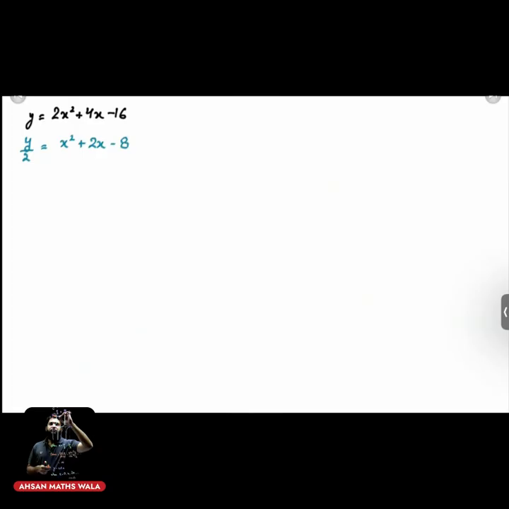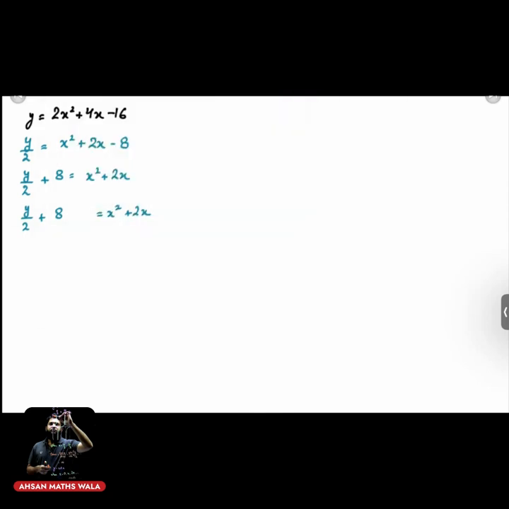Okay. Now, the negative 8 on the right hand side will come on the left hand side, and this will be x square plus 2x. So the method says the left hand side will be the same. Now, क्या करेंगे?